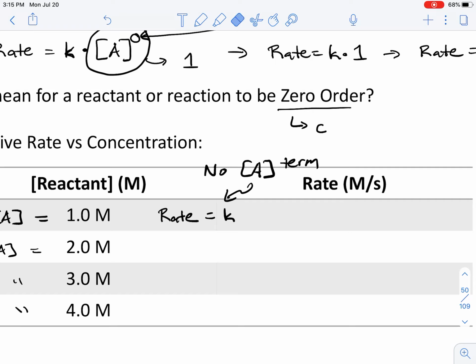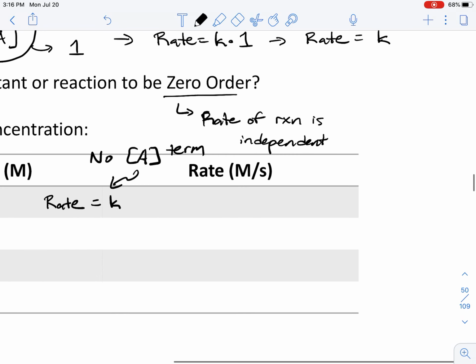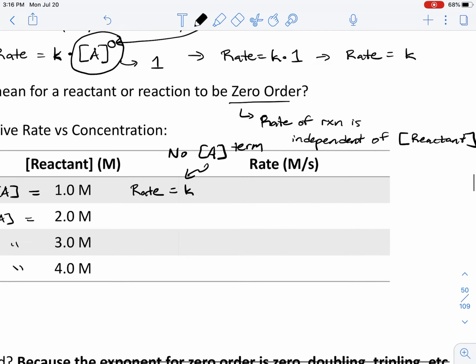So the rate of the reaction is independent of the concentration of the reactant.